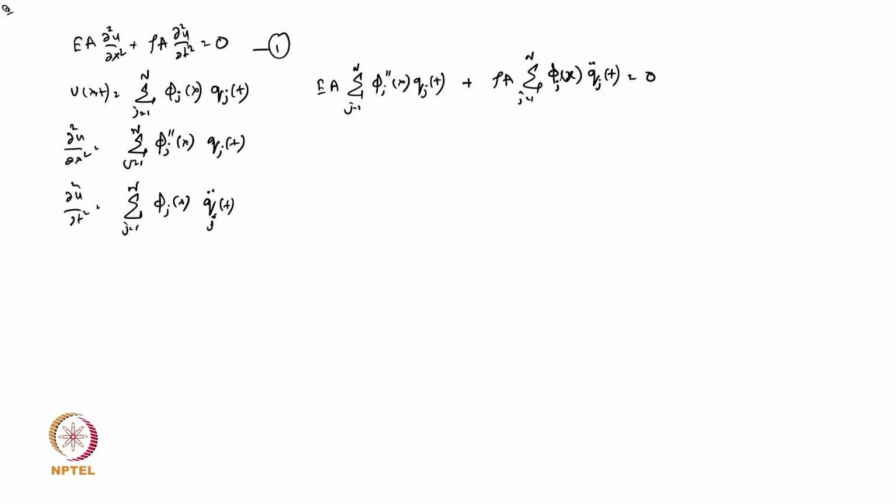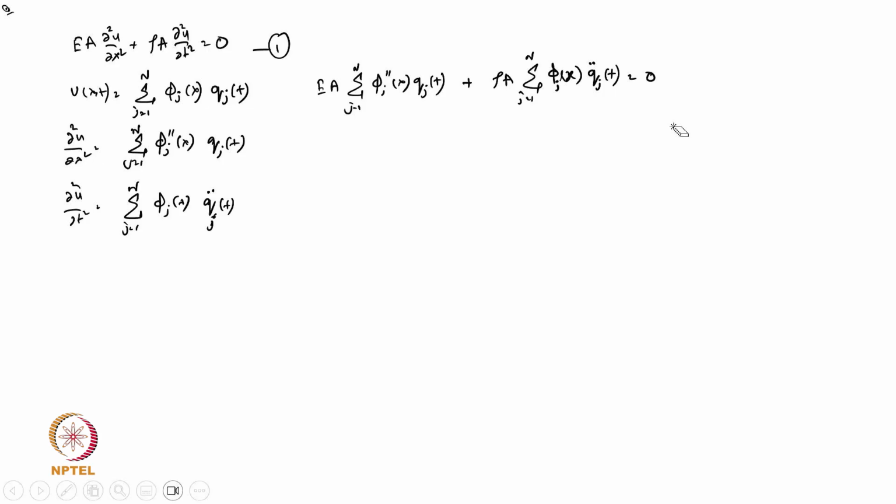Once we have this, what can we do? If we assume again a harmonic type solution, or maybe we don't need to assume a harmonic solution.